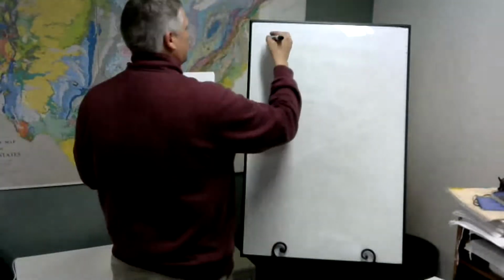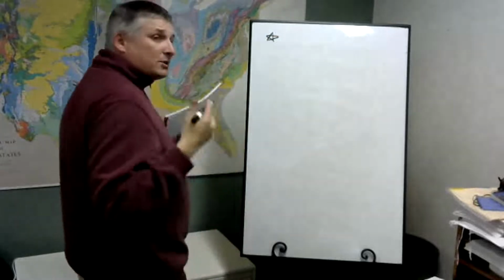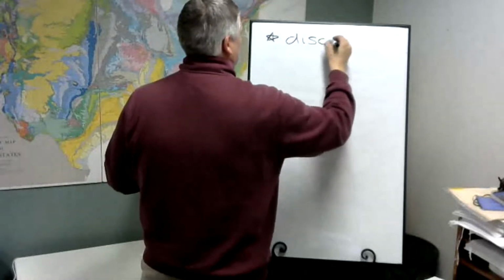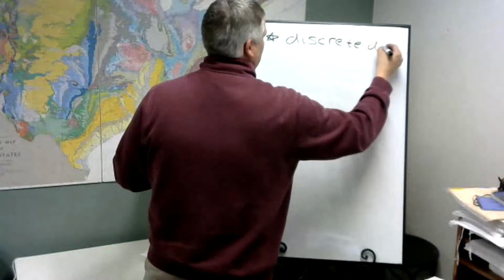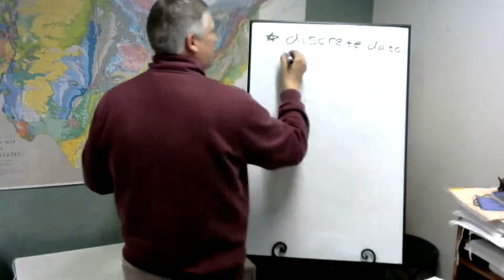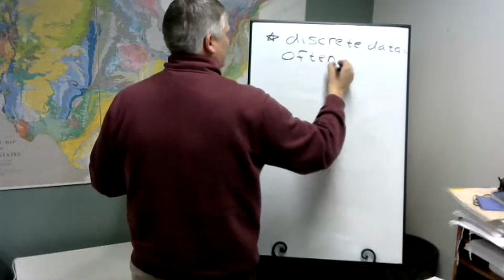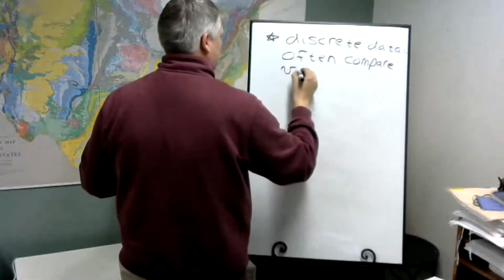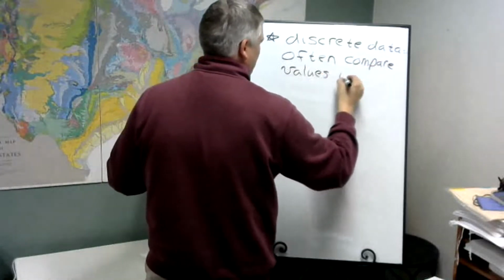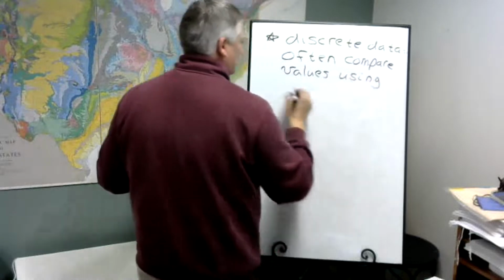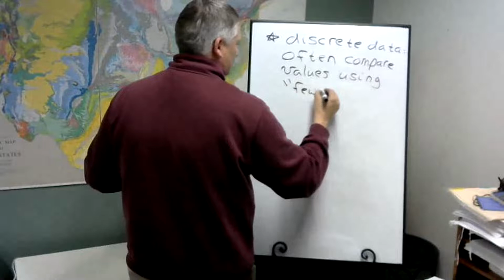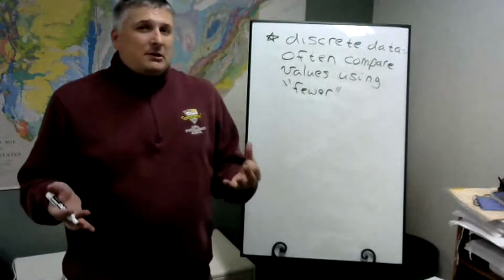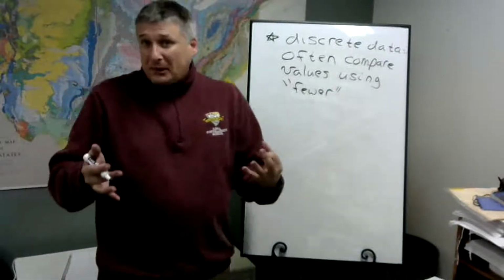So the book mentions some terminology. When we talk about discrete data, we often compare values using fewer. We might say there were fewer golden eagles observed today than there were yesterday.